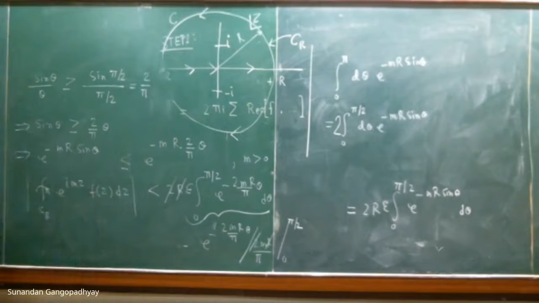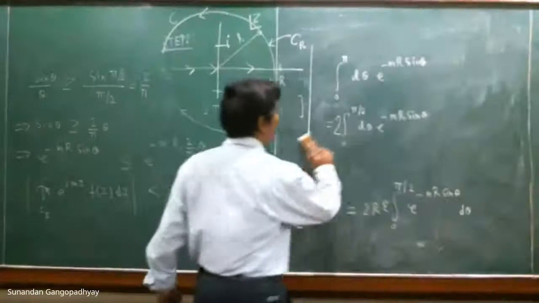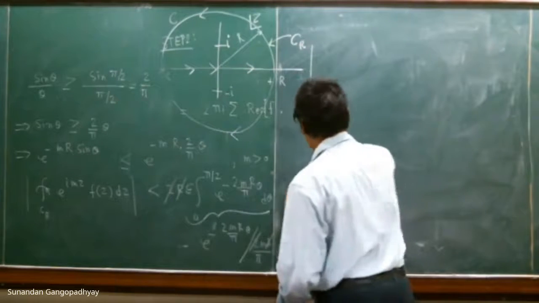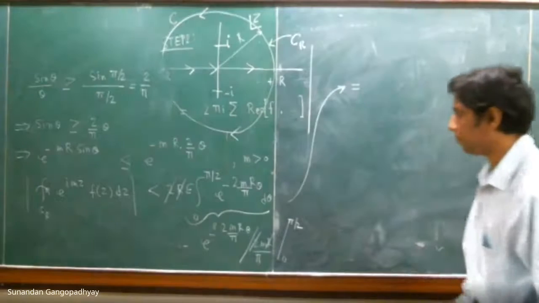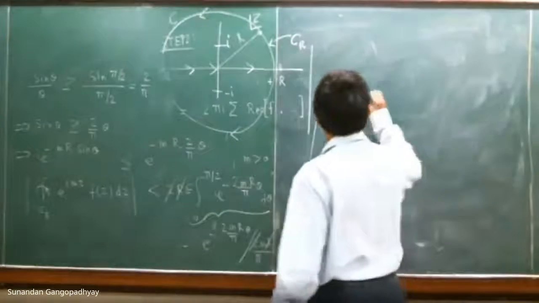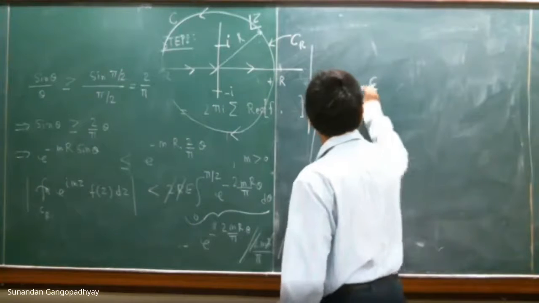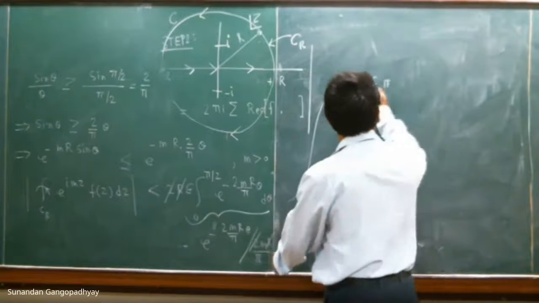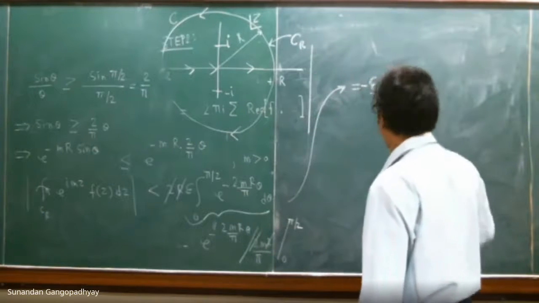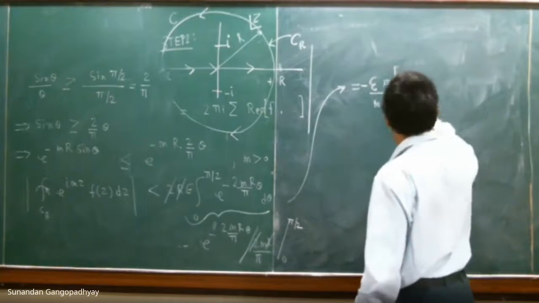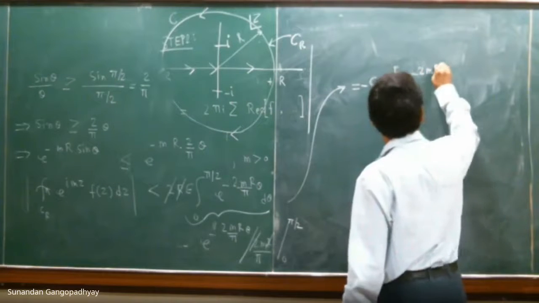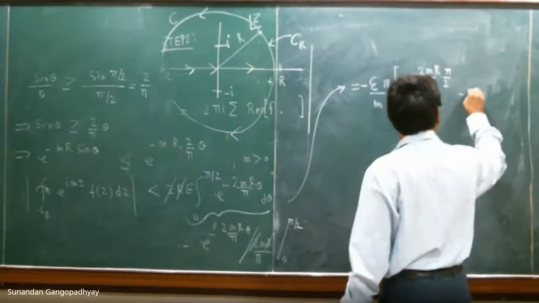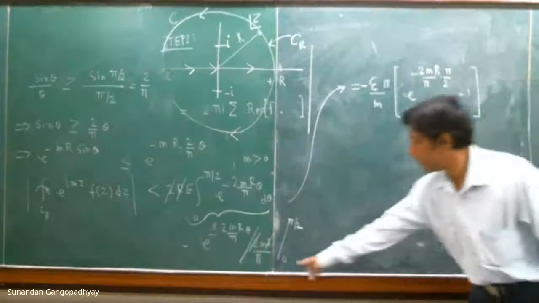Therefore, from here, this is equal to epsilon with a minus sign in front, and then we will have pi by m, e to the power of minus 2mr by pi into pi by 2, minus 1, because 0 will give you 1.